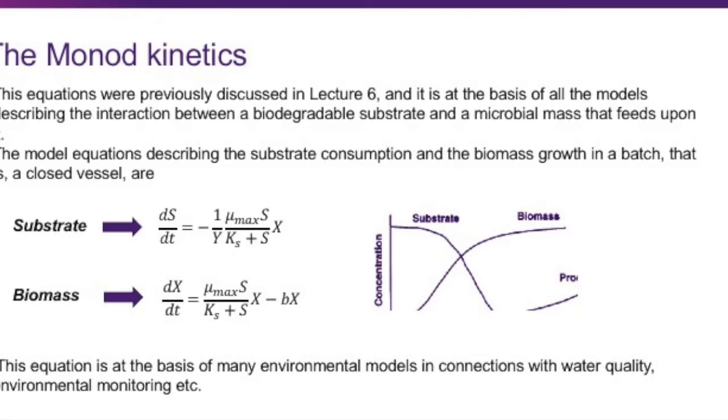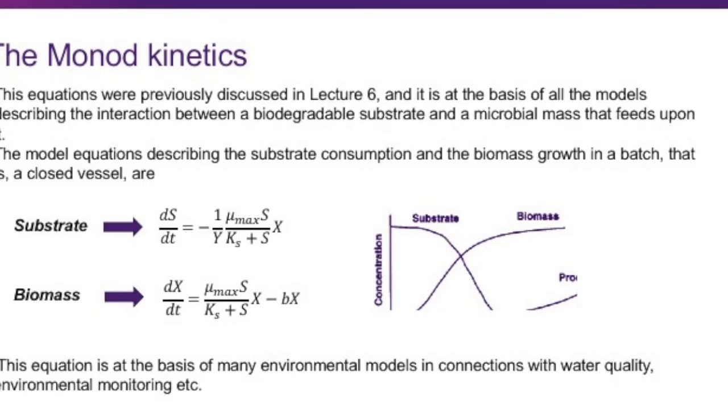The model equations describing the substrate consumption and the biomass growth in a batch, that is a closed vessel, are the following. These are the general equations, and I'm going to explain in detail what is the meaning of these equations and what forms they can actually take.